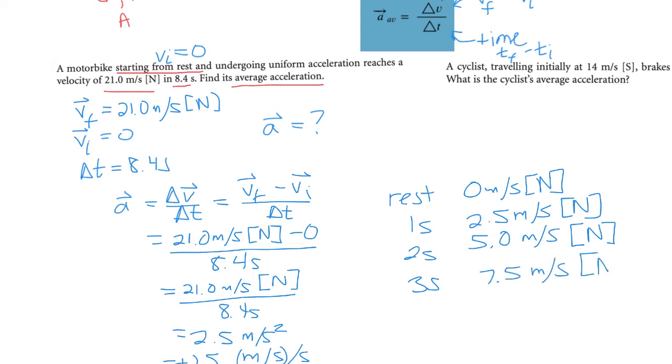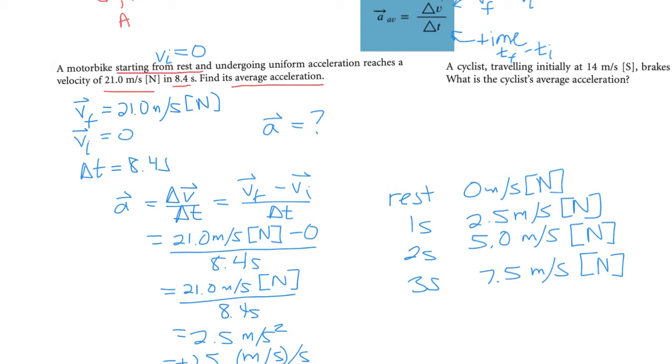So the acceleration just tells us how much its velocity is changing in meters per second every second. As each second passes, it's increasing its velocity by 2.5 meters per second. So 2.5 meters per second per second. And then we can write a paraphrase.